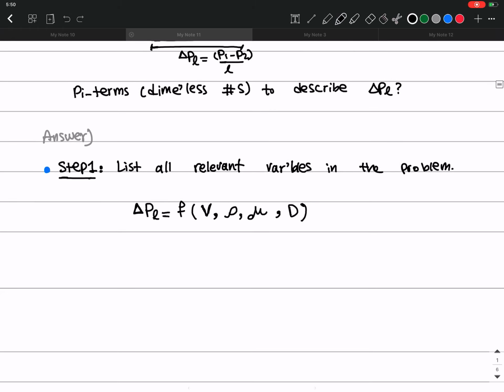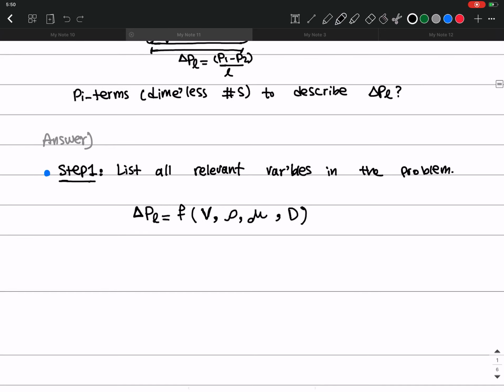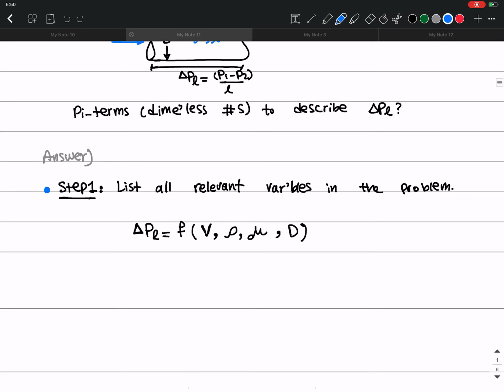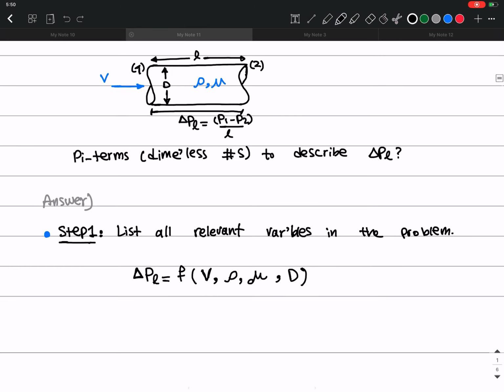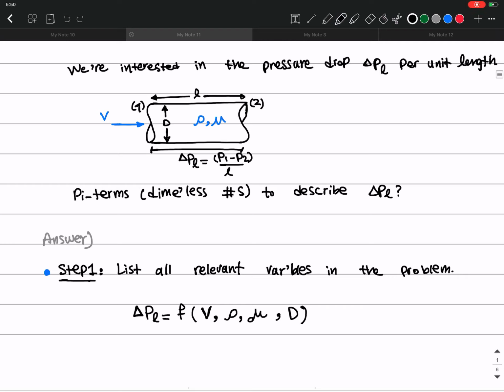And then let's see step 2. So before I go, again, this is a very important step, because you need to know really what parameters might really affect or influence the parameter that you want to describe, right? For example, you cannot say some irrelevant thing, right?